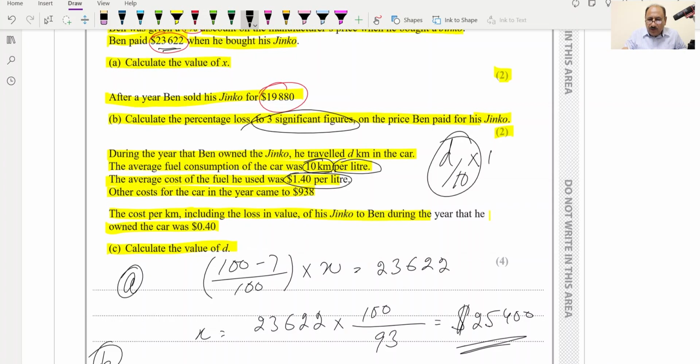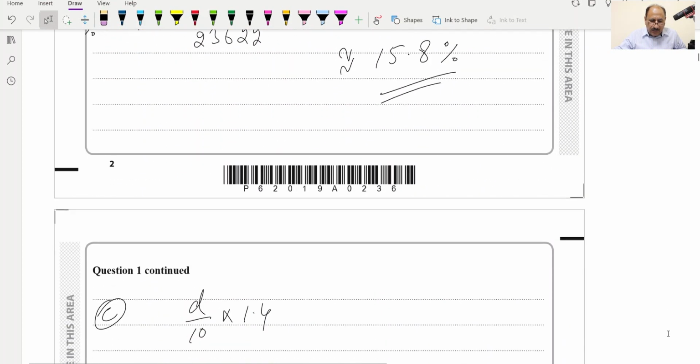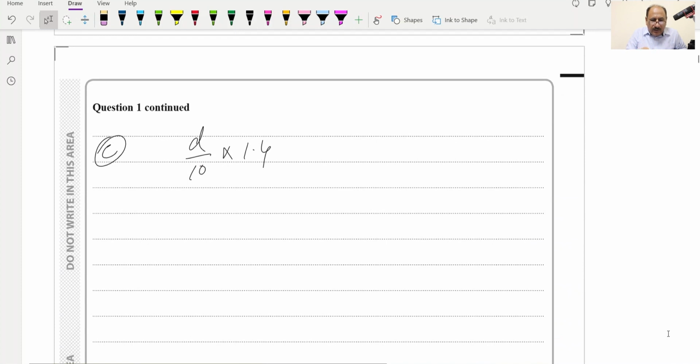This will be multiplied by 1.40, which is cost per liter, and this is basically the expenses for traveling, and the fixed cost, which is 938, which is cost for the year, which is other cost.